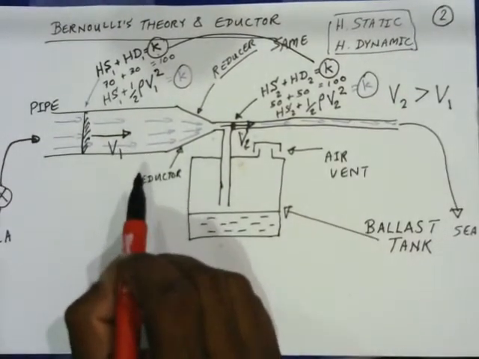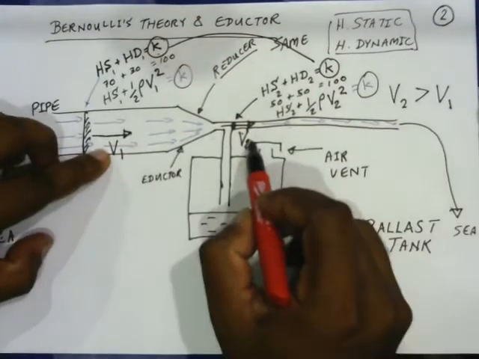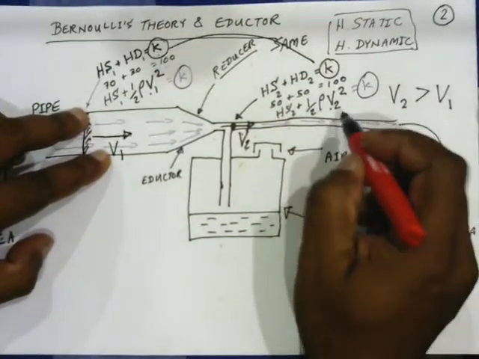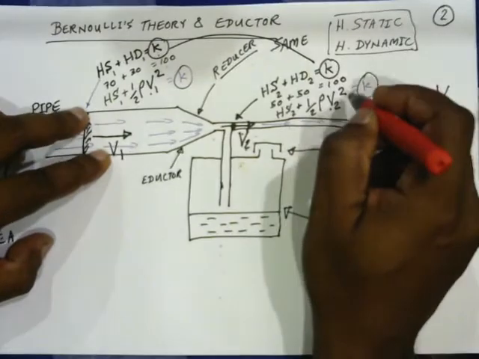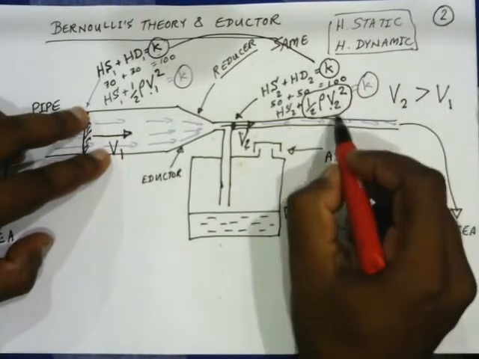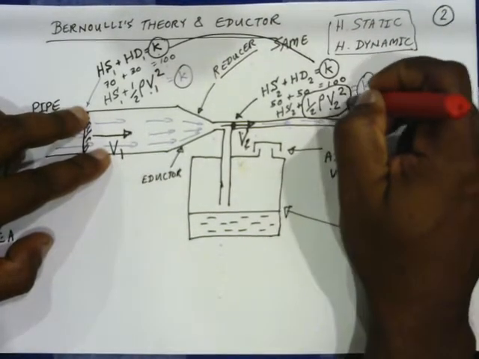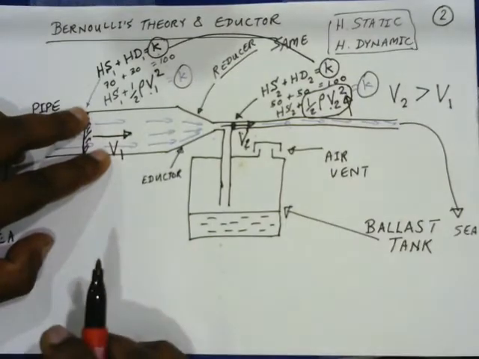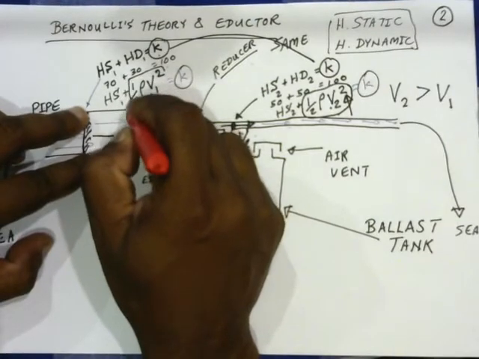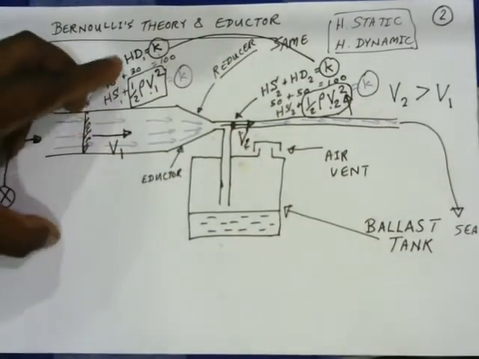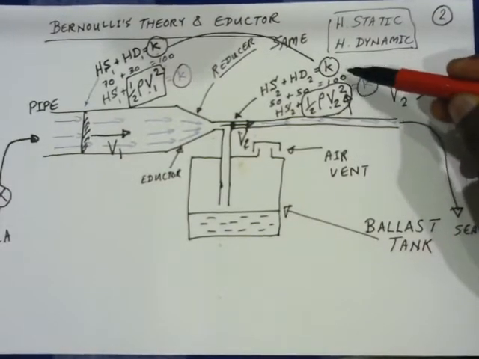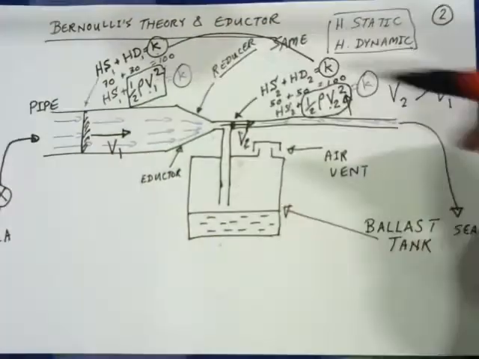But you can see from here that v1 is less than v2, so v2 is more than v1. So the whole hydrodynamic pressure increases compared to HD1, or hydrodynamic pressure 1. So here the dynamic pressure increases compared to here.